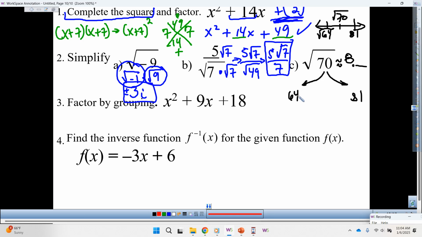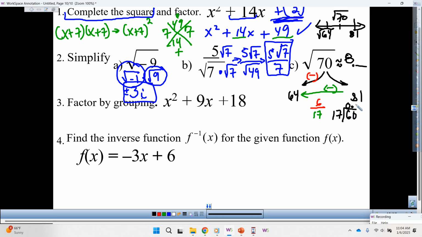That is 70 minus 64, which is 6, over 81 minus 64, which is 17. All right, good. 17. So therefore, what is 6 divided by 17? 6 divided by 17 does not fit in there.